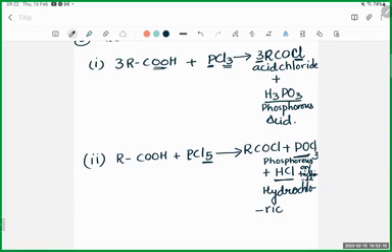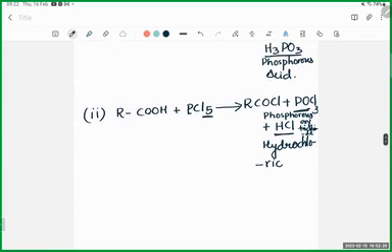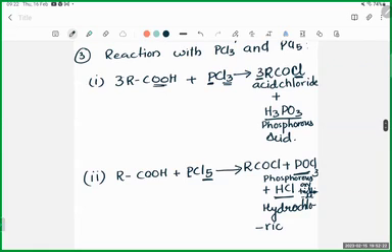Clear? And this is called the acid chloride or acetyl chloride. That's all. So we have two reactions, carboxylic acid reaction with phosphorus trichloride and phosphorus pentachloride.